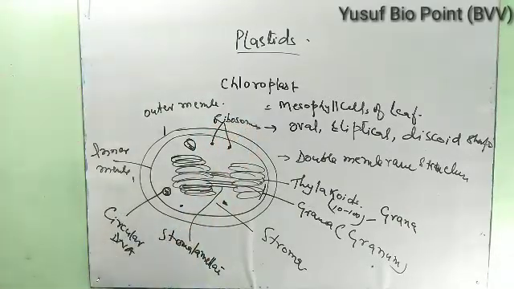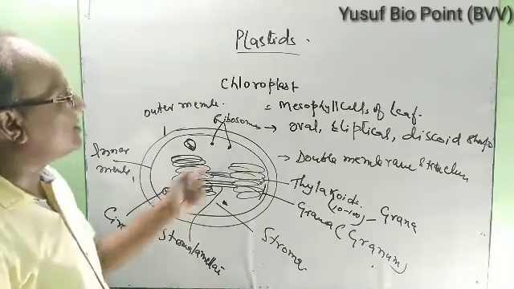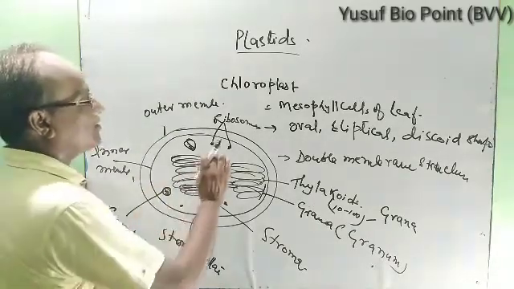The ribosomes, because of the presence of this DNA and the ribosome, that is genetic material, it is independent for genetic material and independent for protein synthesis. That's why it is called semi-autonomous.